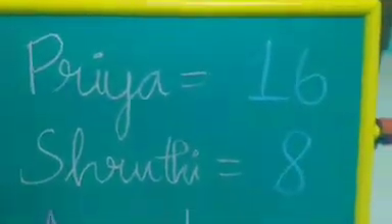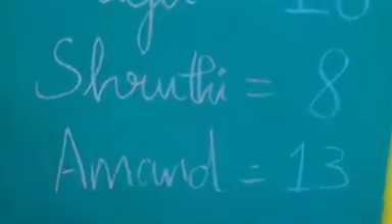After 3 rows, Shruti has 8 flowers in her chain, Priya has 16 flowers, and Amandeep has 13 flowers. Do you get it, children?